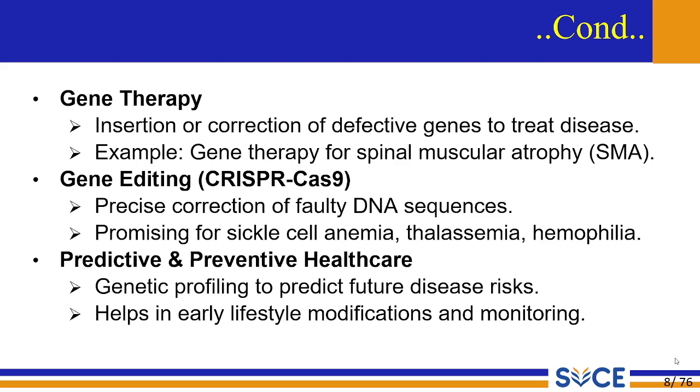Predictive healthcare uses genetic data to identify risks early, so people can make changes before disease develops. AI helps analyze this data and suggest interventions. It's proactive, not reactive, and it's transforming how we think about health.